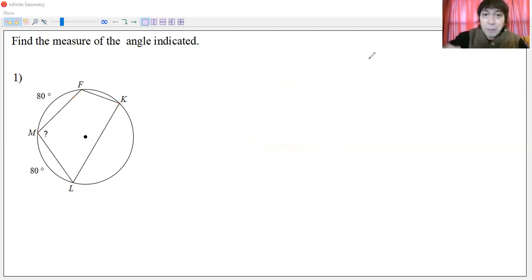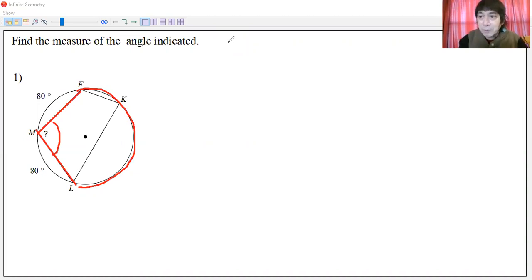Now, going back to the problem, we're asked to find the measure of the angle indicated. So the way to get this, we have this particular angle here, and this is the required angle. If only we can get this arc, then we shall divide by 2.